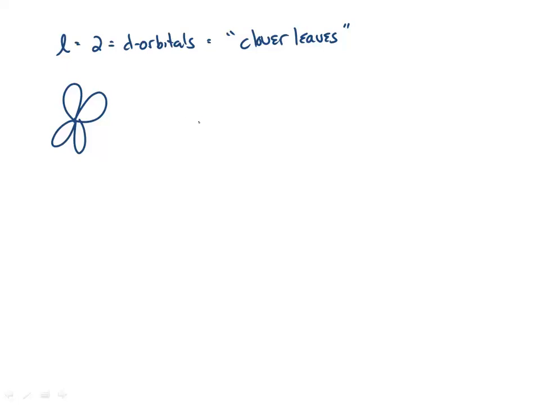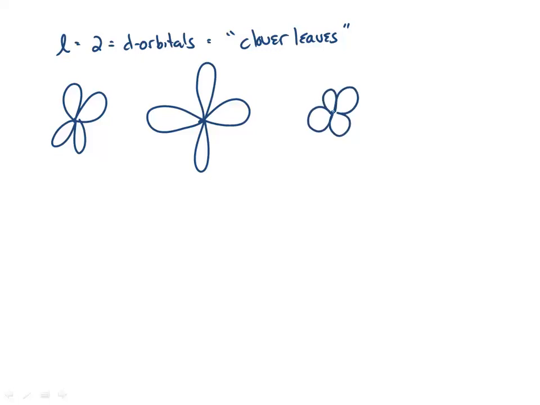And sometimes they'll draw them long and skinny like this. Sometimes they'll draw them super fat like that. But realize that all of those are the same. These could all describe, for instance, a 3d orbital. And so recognize that all those pictures are the same, right?